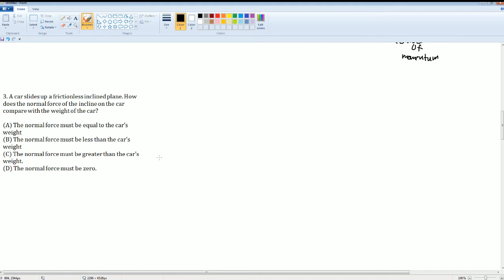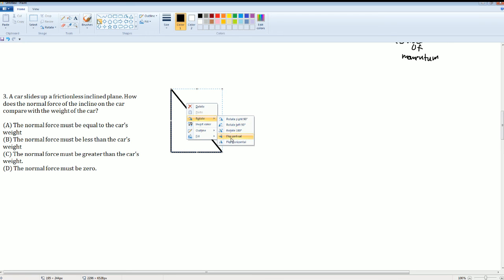Problem 3. A car slides up a frictionless incline plane. How does the normal force of the incline on the car compare with the weight of the car? A car slides, that's interesting. Can I rotate this? Yeah. Okay.